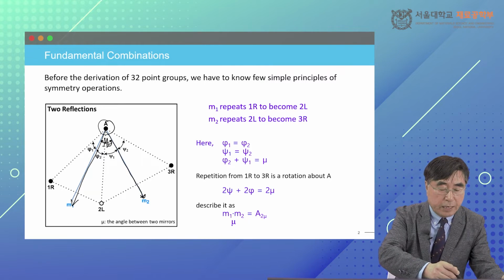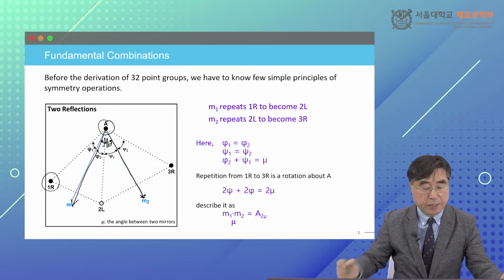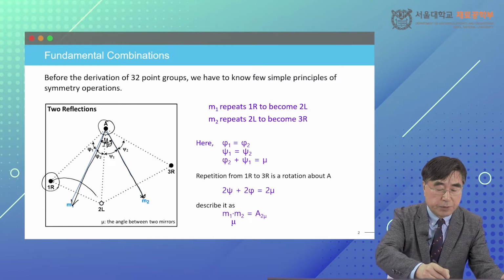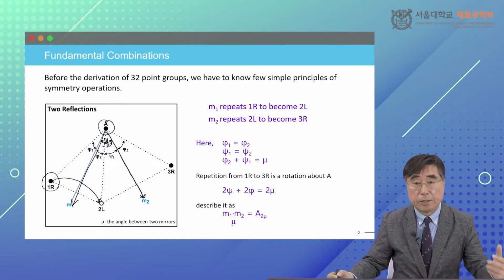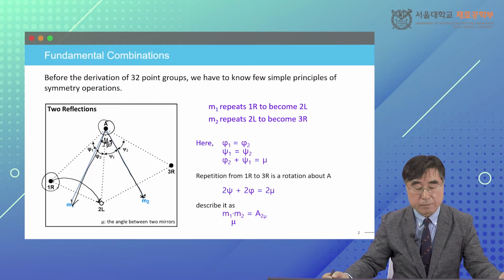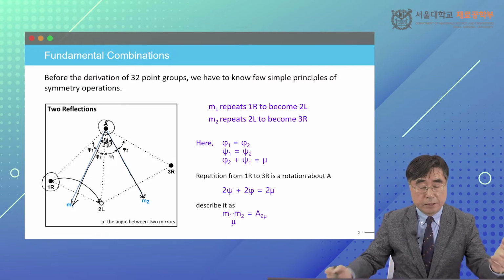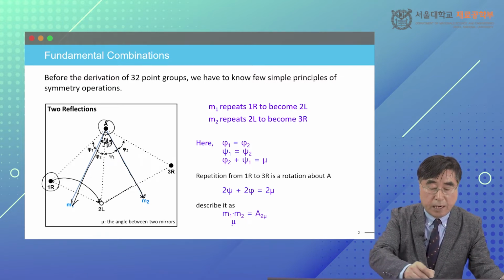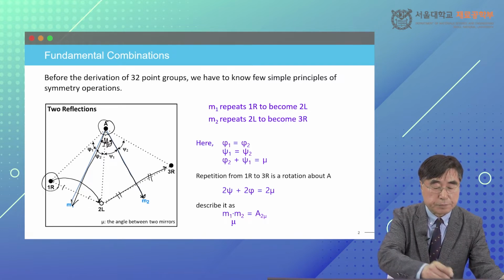Then when there is an M1 mirror plane, if we have a 1R right-hand object, then the right-hand object becomes 2L by the symmetry operation of M1. And this 2L becomes 3R by the symmetry operation of M2.